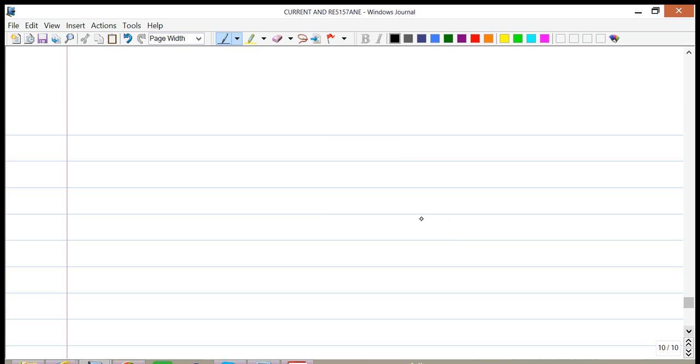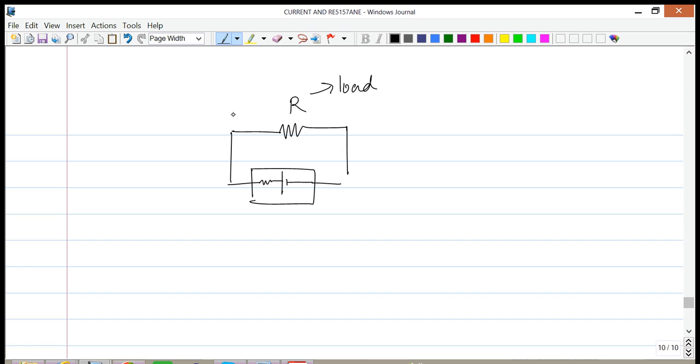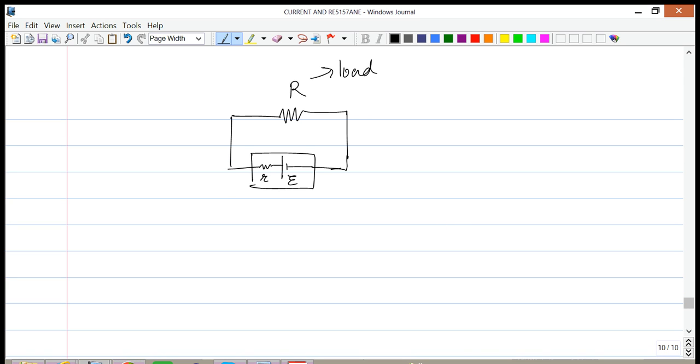However, in most cases the battery actually has some internal resistance. So we can draw another circuit here with the load R. This is the load resistance, and now I can draw my battery itself in this manner. Here my battery has an internal resistance of lowercase r and EMF of E, and the load resistor itself is R. Now the voltage across the load resistor plus the voltage across the internal resistance of the battery is going to be equal to the EMF.